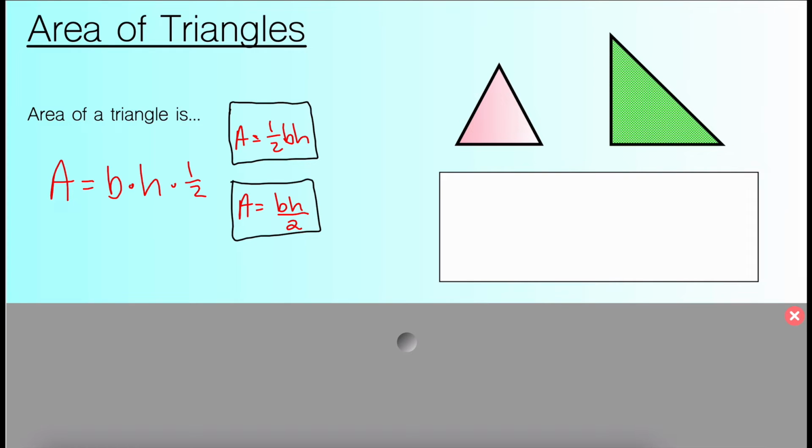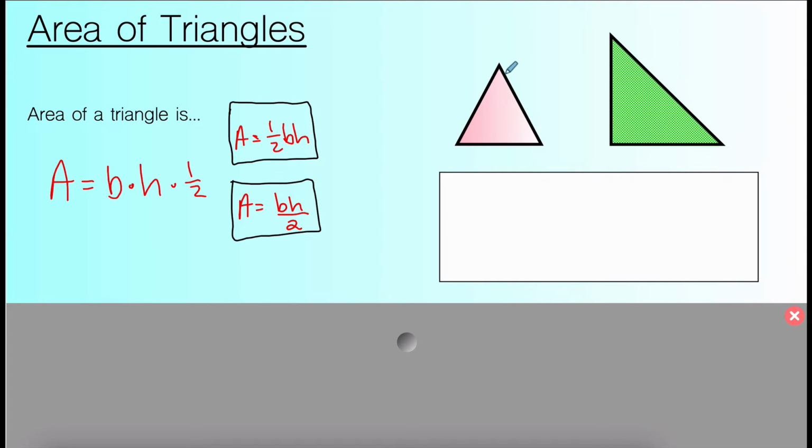And before we do any actual computations, let's also quickly talk about what is the base and what is the height in a triangle. So on a triangle, any of the three sides can be called the base. What matters is where is the height in the triangle?